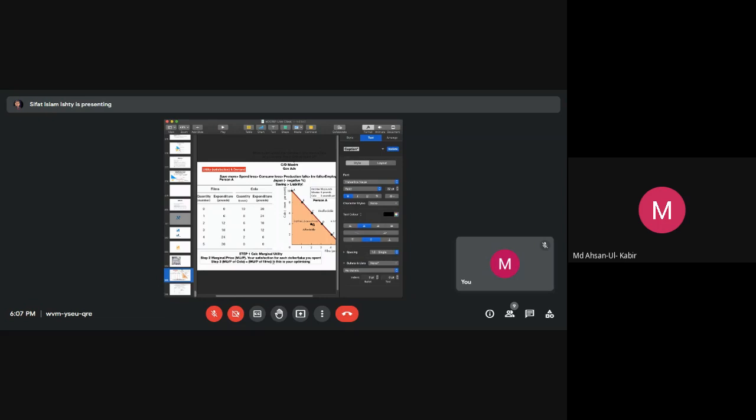So basically for each point আপনি দেখবেন MU by P of cola is higher than MU by P of film. এখানে দেখবেন আবার MU by P of cola is lower than MU by P of film. কারো সাথে কারো মিলবে না, কিন্তু একটা পয়েন্ট আসবে যেখানের মধ্যে MU by P of cola will equal MU by P of film.